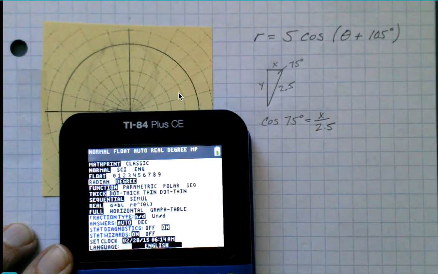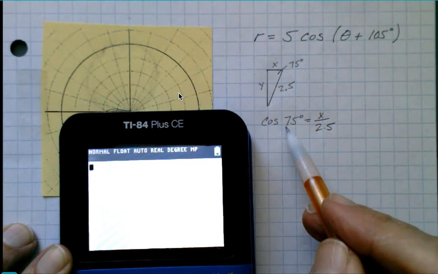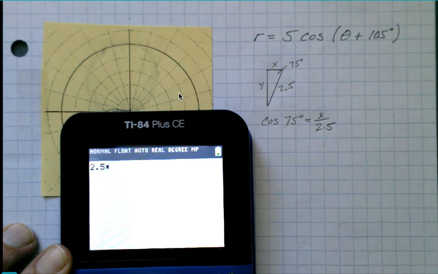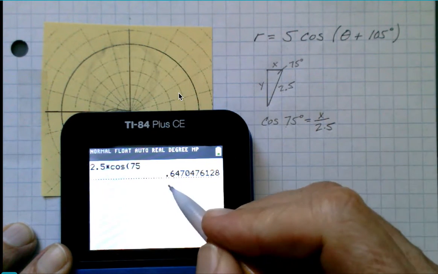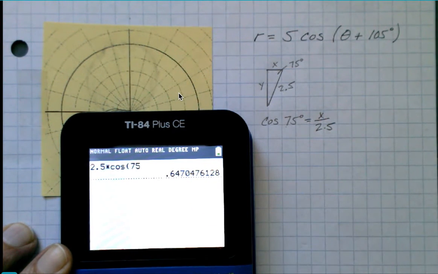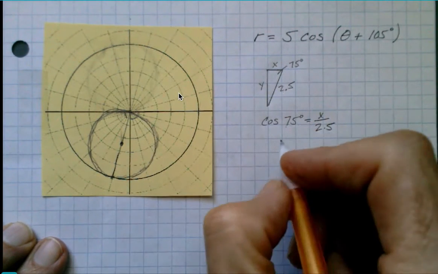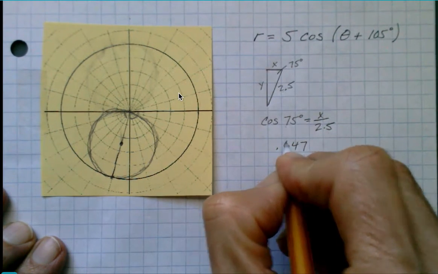Okay, degree mode. Let's clear that. So we'll go cosine. In fact, I'm going to go 2.5 times cosine 75. 2.5 times cos 75. And that tells me it's about 0.647 for x.